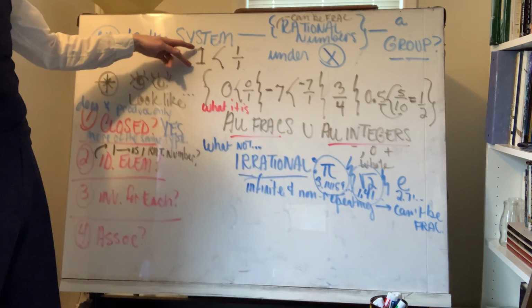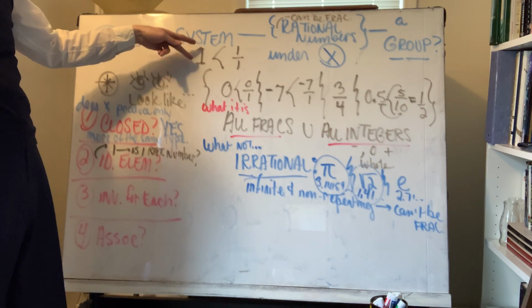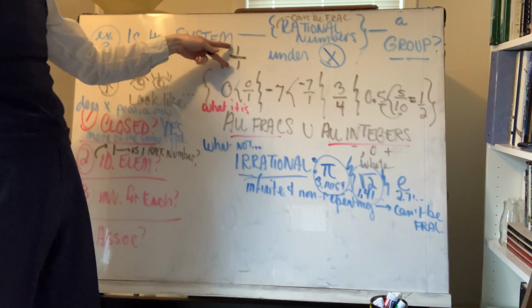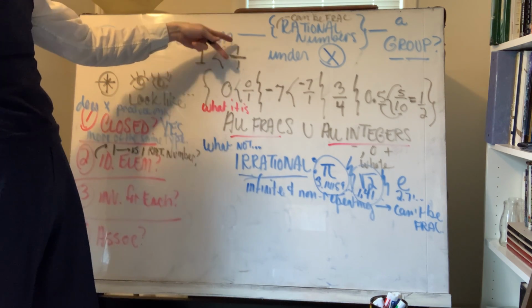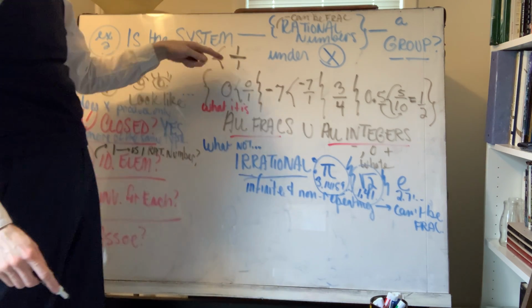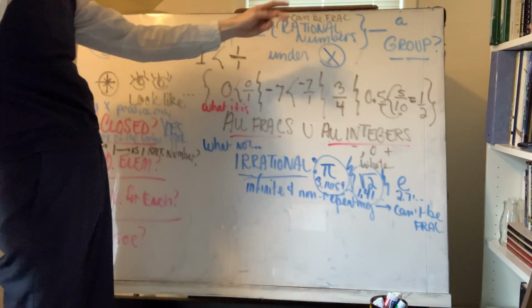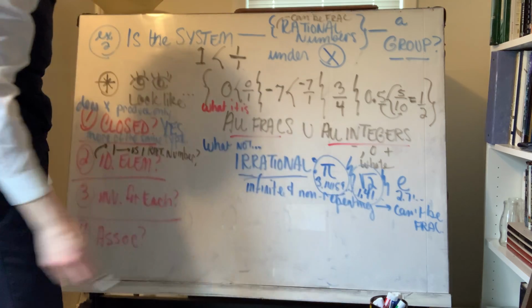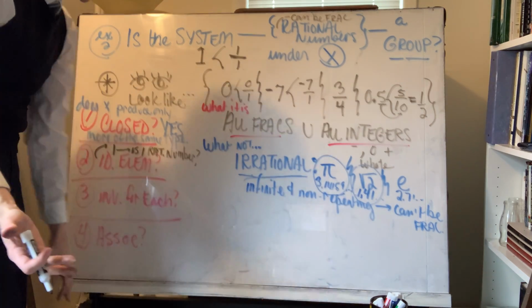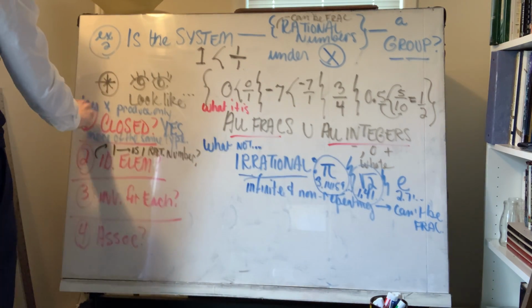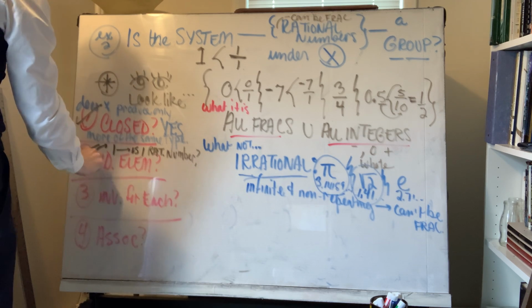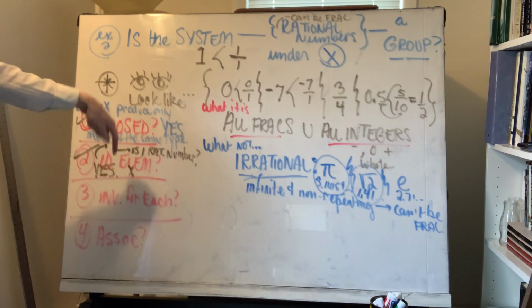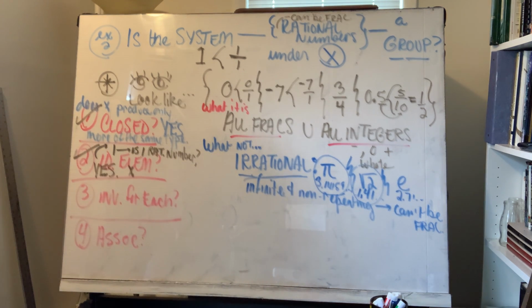It might seem silly to do that, but if you can take something and make it look like it has a fraction form, something over itself, a ratio, then it in fact qualifies as a rational number. So 1 would be part of this, even though I hadn't written it. It's impossible to write all of them, unfortunately. So you would say yes to closed, yes to it having the identity element that is appropriate for multiplication. 1 is the appropriate identity element for multiplication.